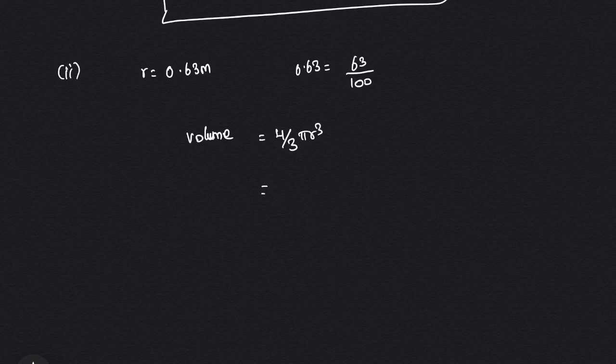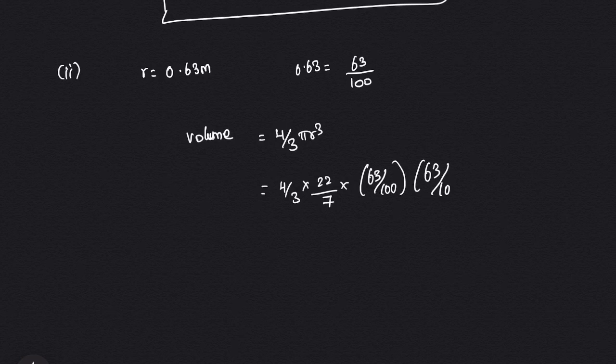So just replacing 4 divided by 3 into 22/7 into the r value, 63/100. If you feel fractions are better, you can directly do this.